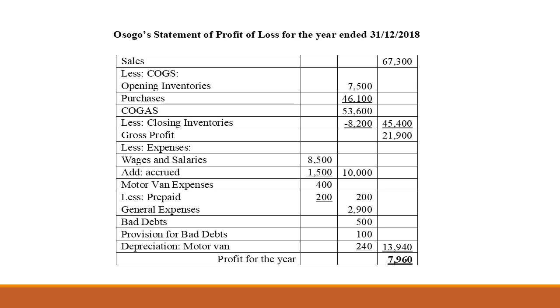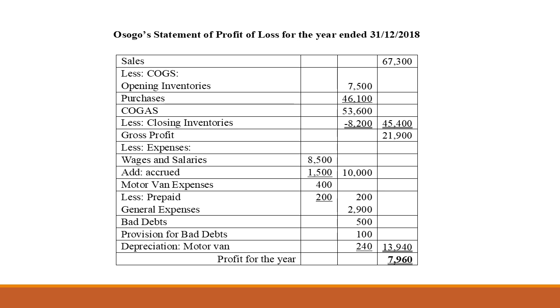But the accrued amount will be shown on the statement of financial position. Motor van expenses, we have a prepayment of 200. The total amount of motor van expenses on the trial balance is 400. If we less a prepayment of 200, it remains only 200.